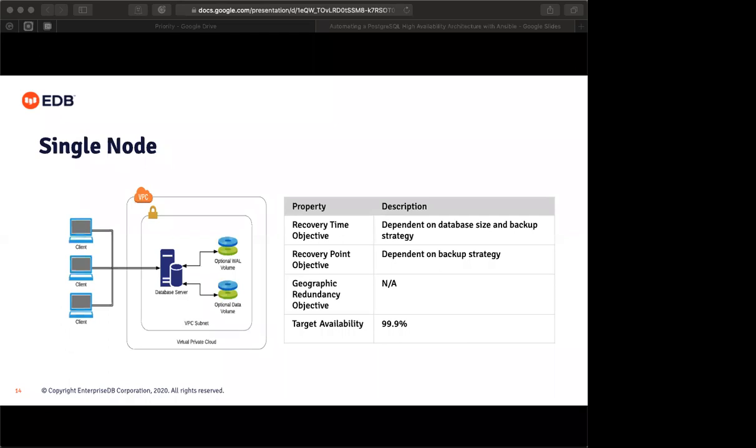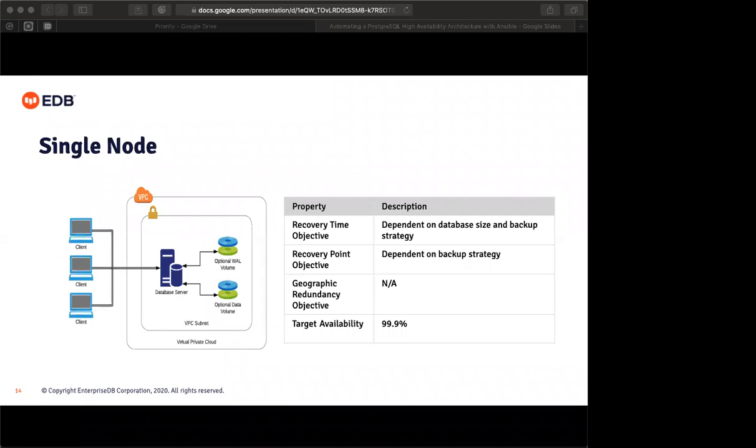Depending on the database size and backup strategies, you can define your RTO. RPO is very much dependent on the backup strategy which you have. If you are going with BART backup, or if you're taking snapshot level backups, those can give you a different kind of recovery time objective and recovery point objective. This architecture doesn't cover the GRO, that is geographic redundancy objective or geographic recovery objective.